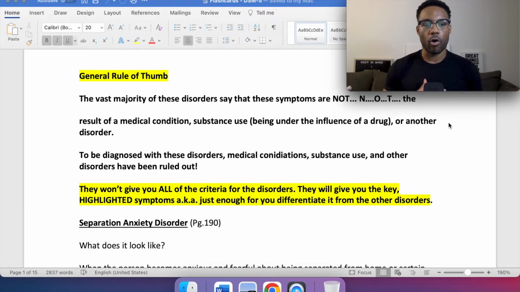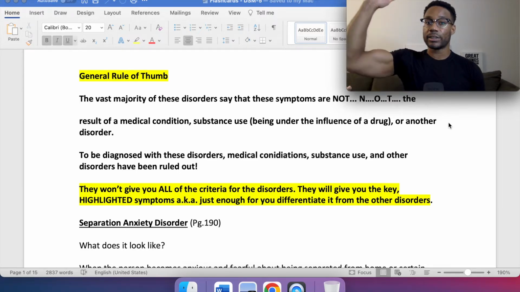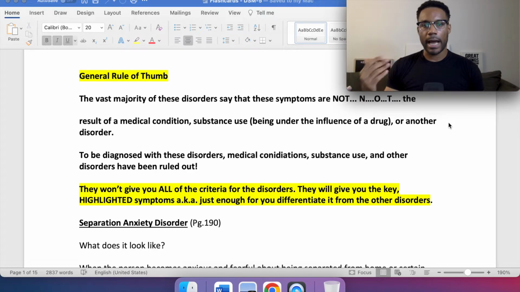They won't give you all of the criteria on the disorders. So even if you've never taken these exams, and you've only taken practice questions, they're not just going to list all the criteria out for bipolar, generalized anxiety disorder, separation anxiety, right? They're not going to do that. You want to be able to find the key things that differentiate between this disorder or that disorder, the key elements. And we're going to go through a couple in this video.